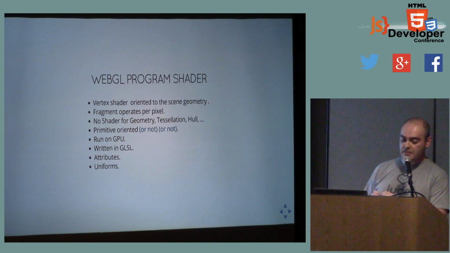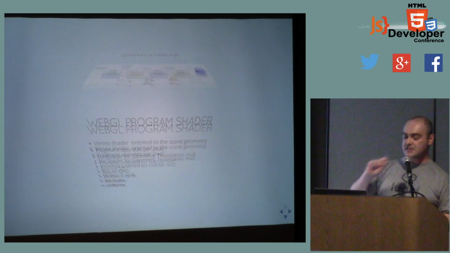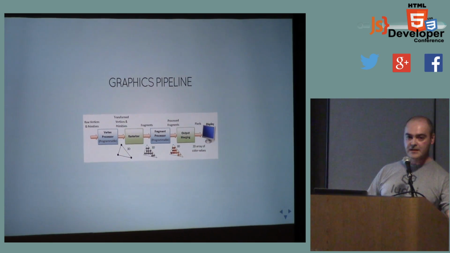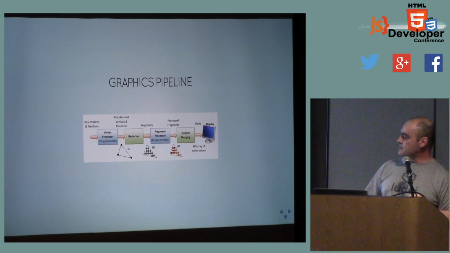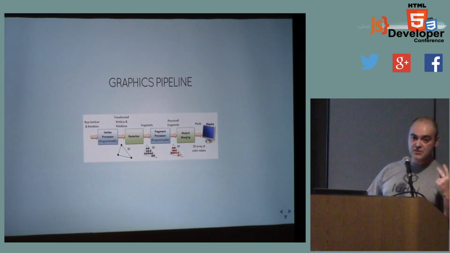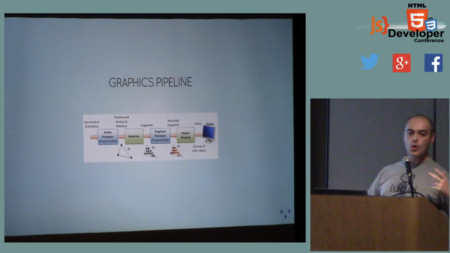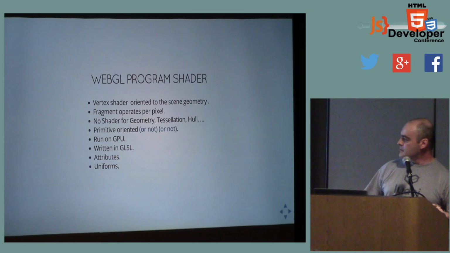And then we have the fragments, which operate at the pixel level. One stage feeds the next one. In OpenGL ES 2.0, which is quite simple, we only have these two programmable parts. In OpenGL ES 3.0, we have some more, and in 4 we have extremely many more.